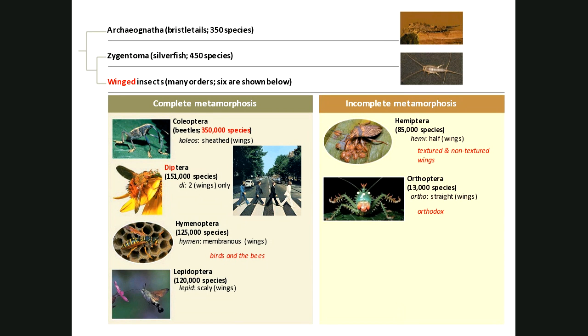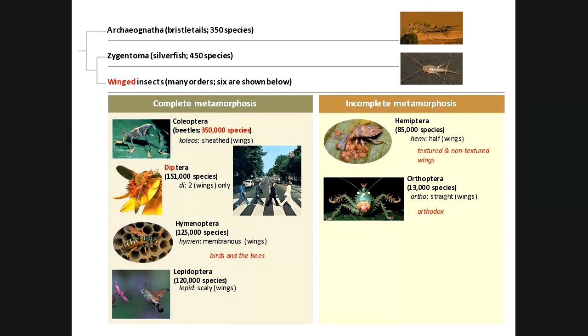Hymen is the tissue that is ruptured the first time a female engages in intercourse, and then bees are Hymenoptera, so I put the birds and the bees together, and I remember, okay, Hymenoptera. I'm sorry, that's kind of a roundabout way to try to remember something, but I'm just giving you ideas of the way I try to remember these things.